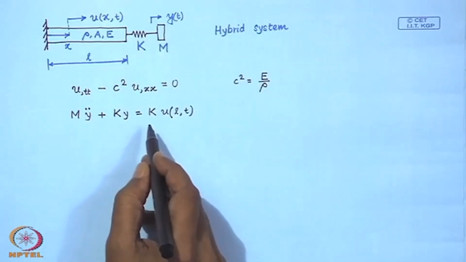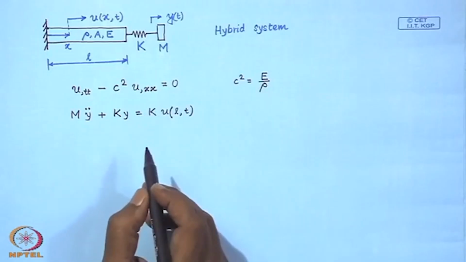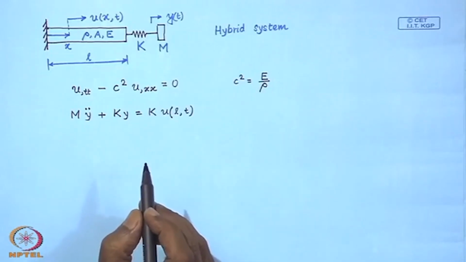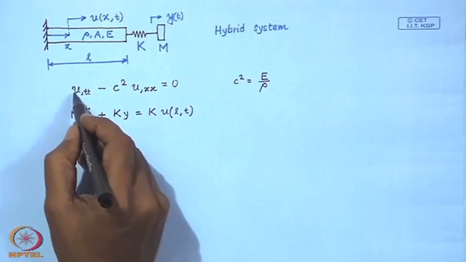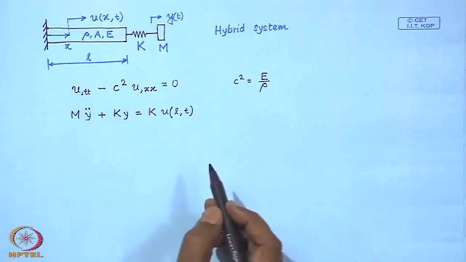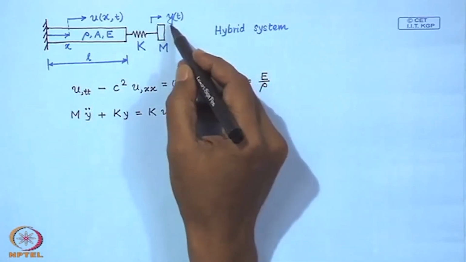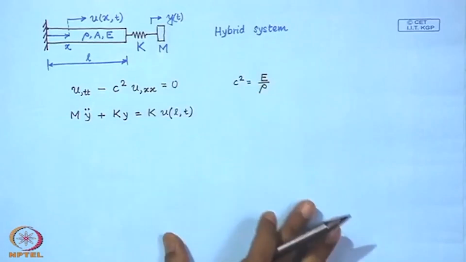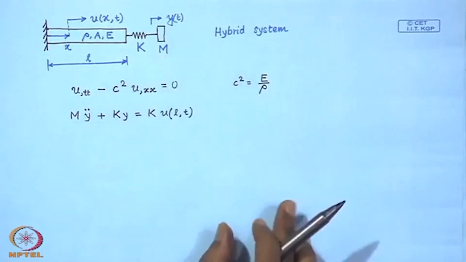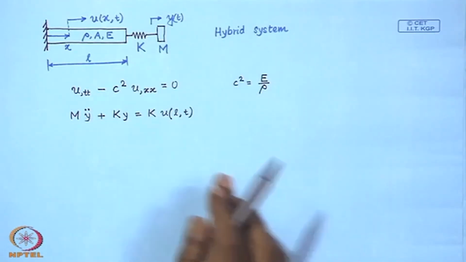So, as you can realize, we have two dependent variables. One is the field variable u, function of x and time, and the coordinate of the discrete mass m given by y.